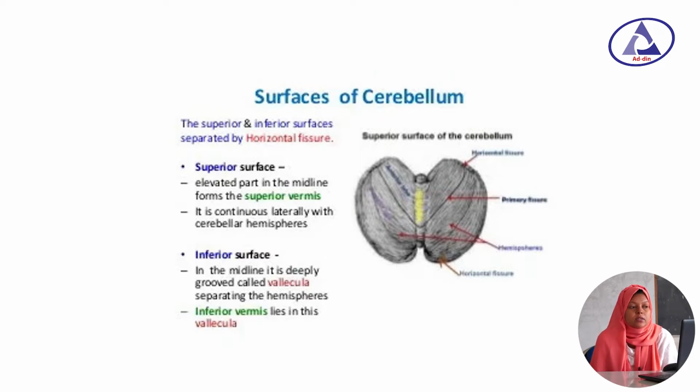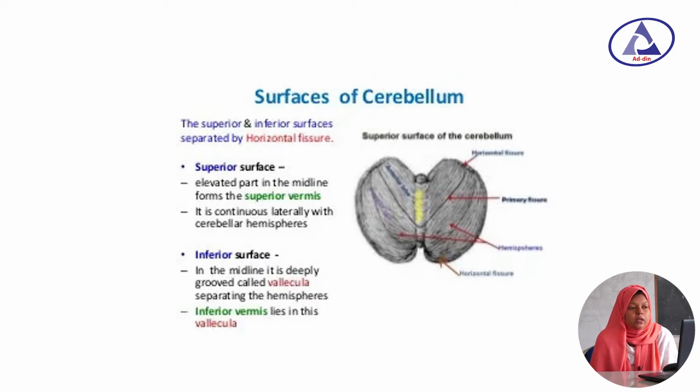Again I repeat the sentence, the superior and inferior surfaces are separated by horizontal fissure. And what about the superior surface? The superior surface is convex in outline and in between the 2 cerebellar hemispheres there is a part that is called vermis. It is continuous laterally with the cerebellar hemisphere.